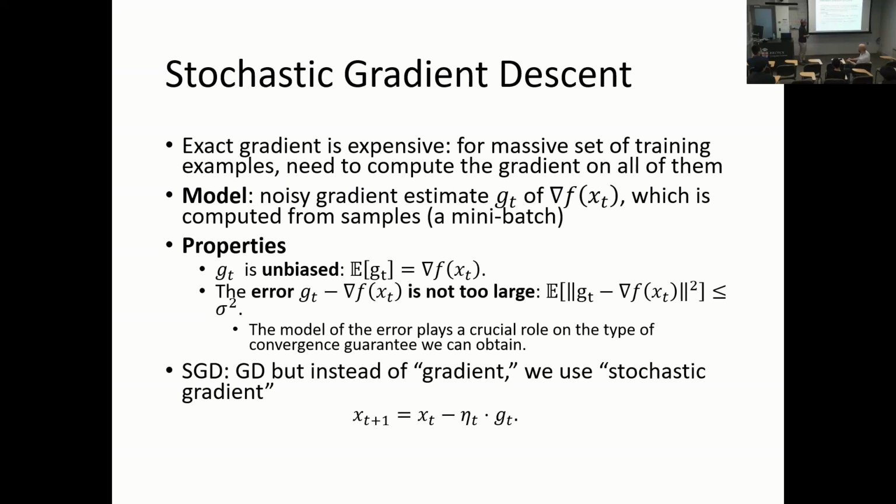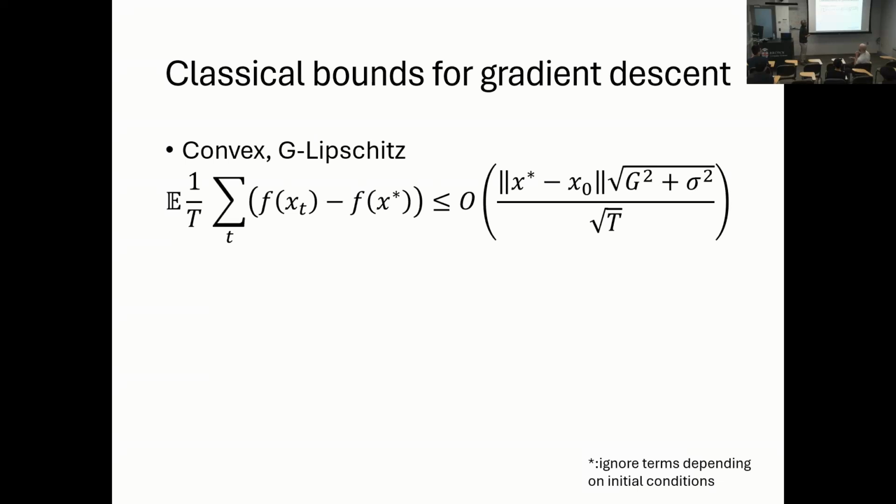So stochastic gradient descent is exactly the same as gradient descent, except that instead of having the exact gradient, I have only the estimate g_t. So I can only move in the opposite direction of the estimate g_t. I cannot move in the direction of the true gradient. If we look into the convergence of stochastic gradient descent, this would be the kind of guarantee we have for the case of convex and Lipschitz functions.